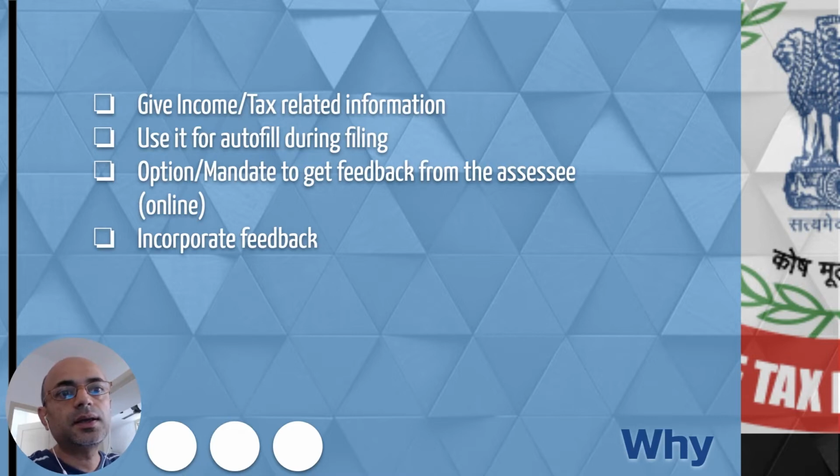And the IT website uses this to autofill the corresponding ITR form while filing. And through AIS, the IT department also allowed the assessee to give feedback about the incomes and the tax collected information that the IT department has collected.